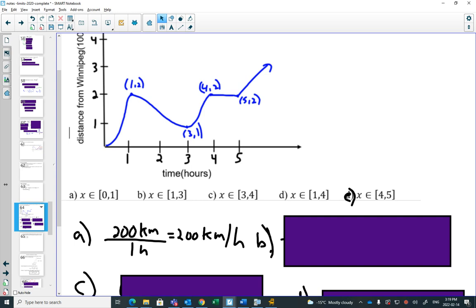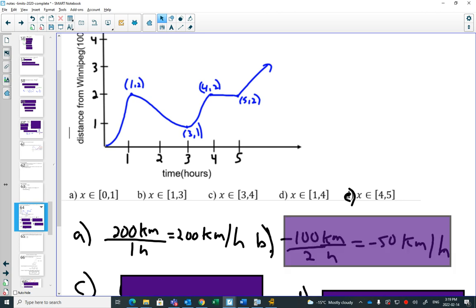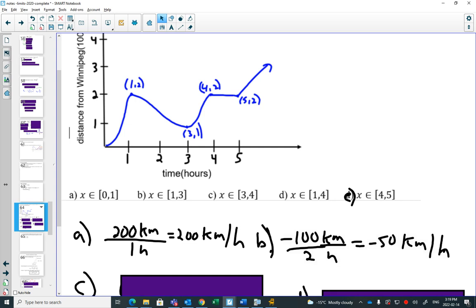Now, if you went from 1 to 3 hours, notice that now your distance has gone back 100 kilometers and forward 2 hours. Does it make sense that your average speed is negative 50 kilometers per hour?